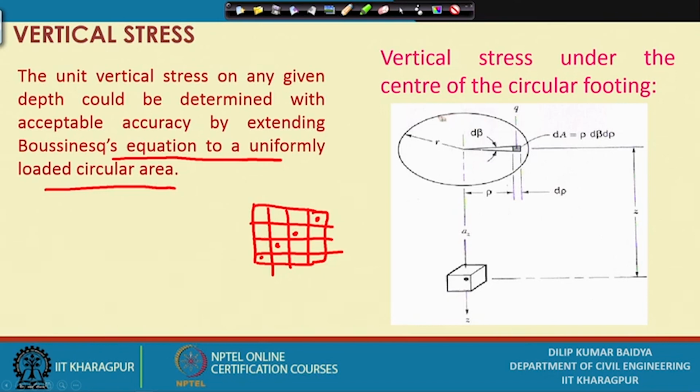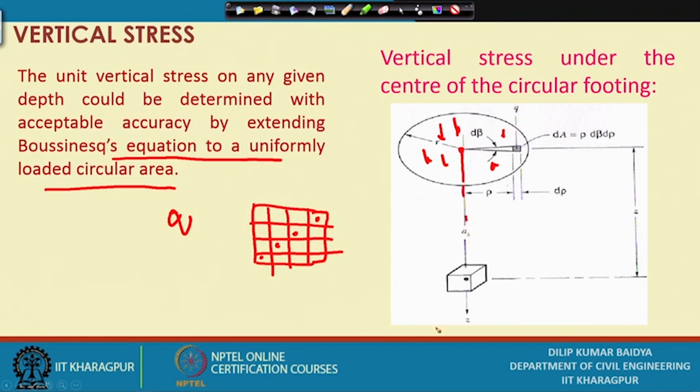Suppose this is a circular area and it is loaded uniformly with, suppose, an intensity of pressure q. Throughout the area the load is applied like this, so we can visualize that the stress intensity will be maximum below the center of the footing.